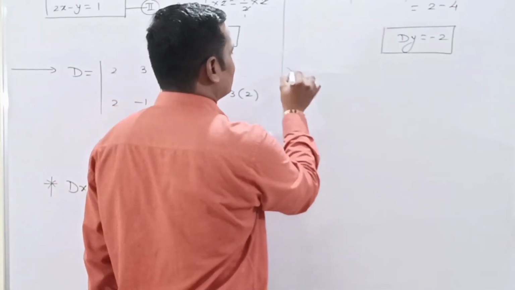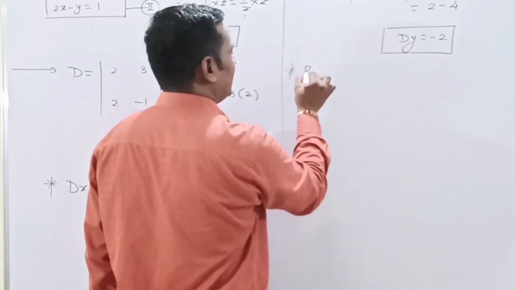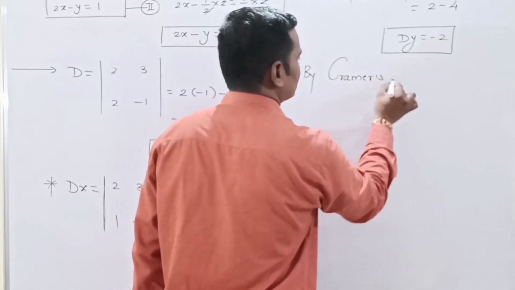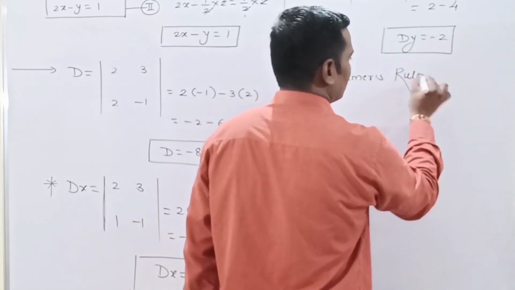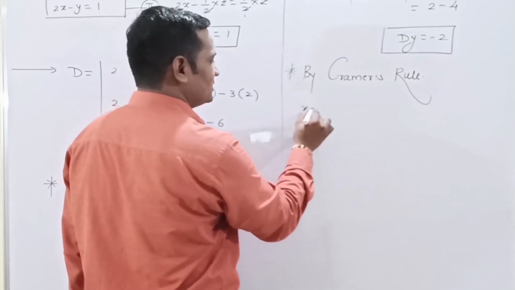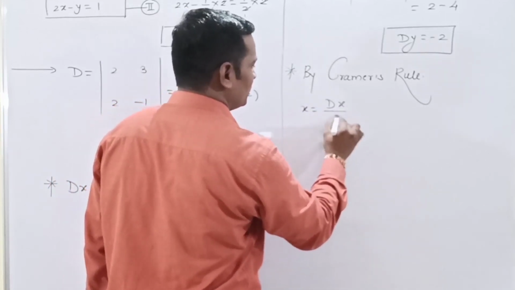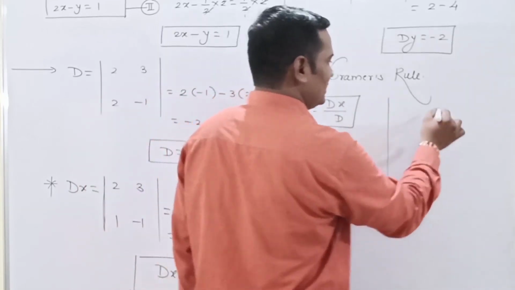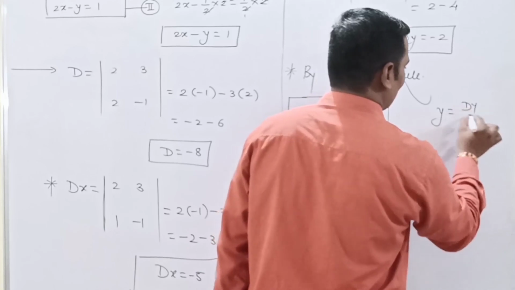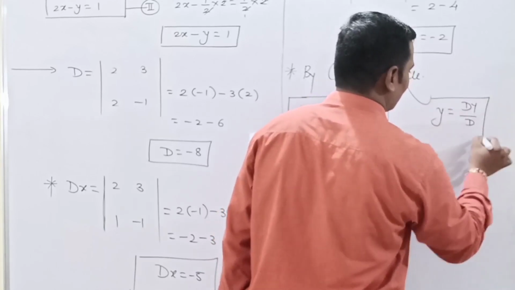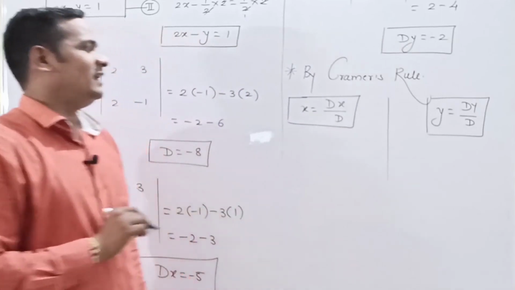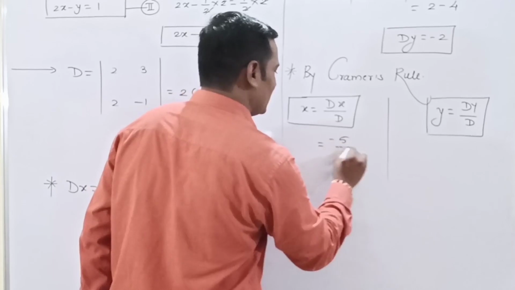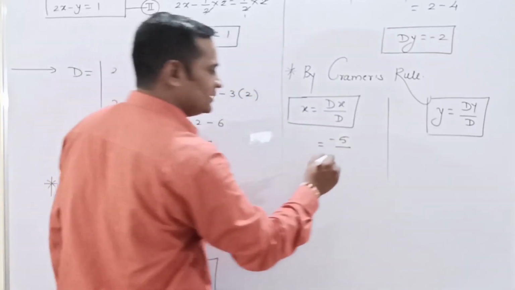So let's use Cramer's rule here. What is Cramer's rule? x is equal to Dx upon D, and y is equal to Dy upon D. Dx is minus 5, so we take minus 5 upon D, which is minus 8.